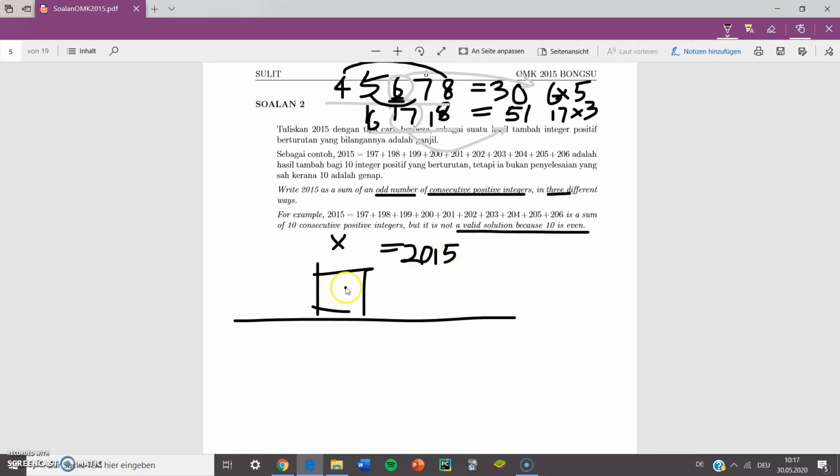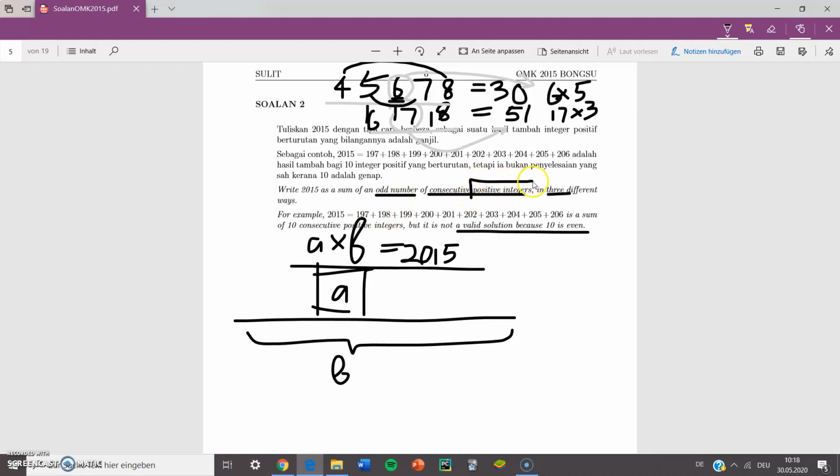So this is the middle number, and how many numbers do I have here? A times B would be 2015. All we have to figure out now is how many types of A and B we have. Notice that they are positive integers, so we cannot involve 0 or negative integers.